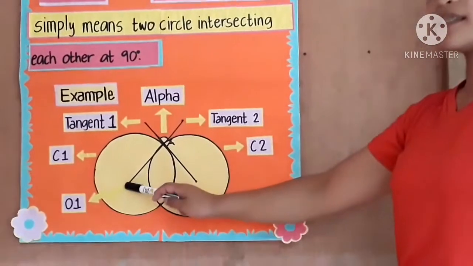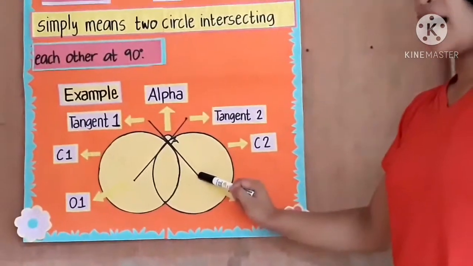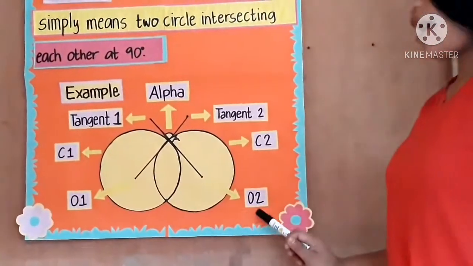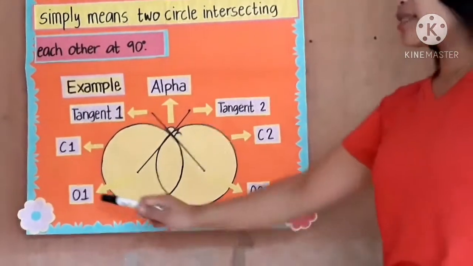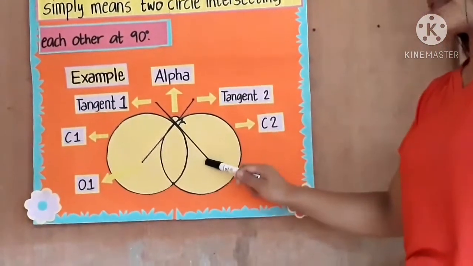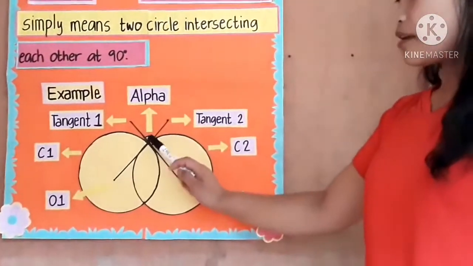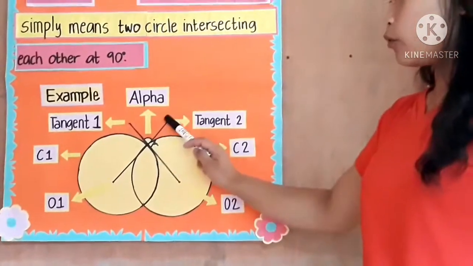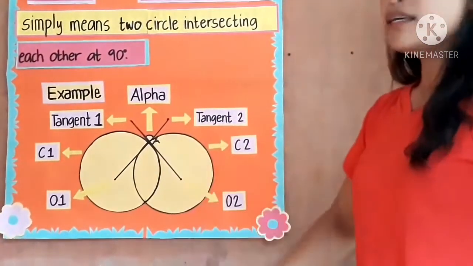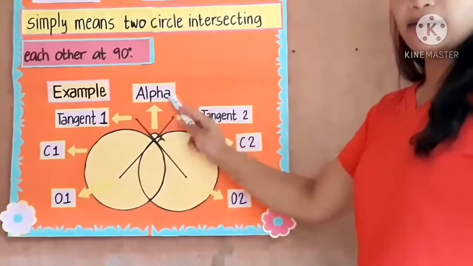In this specific case, these two points are passing; let me name them O1 and O2, since O1 and O2 are the centers of the circles. And lastly, both tangent 1 and 2 are forming an angle, and this angle is alpha.